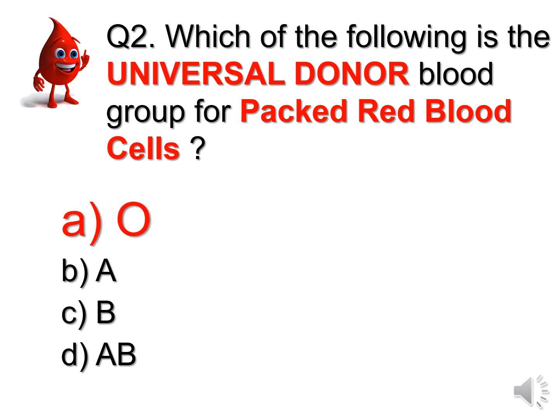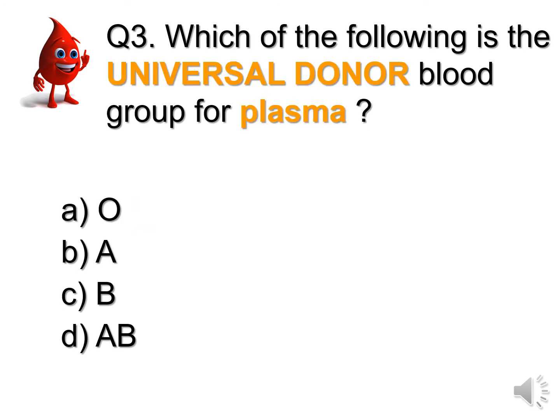The correct answer is O. Which of the following is the universal donor group for plasma? O, A, B or AB? The universal donor for plasma is AB. The opposite of packed red blood cells.